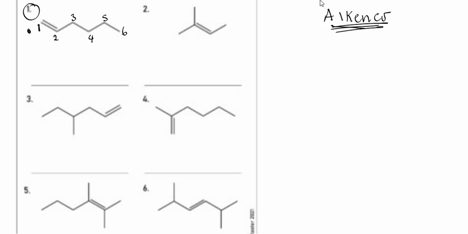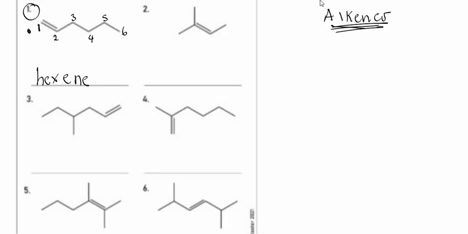Any hydrocarbon which has 6 carbons is what we call hex. So in this situation, you have hexene. Why can I say this is hexene? Because it has 6 carbons.